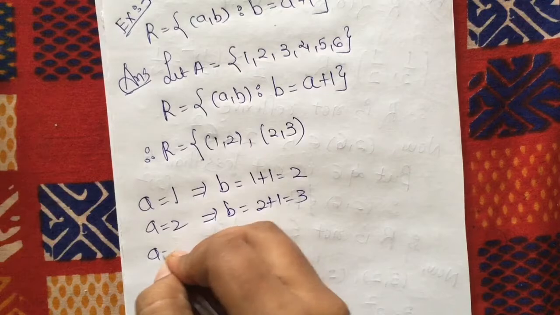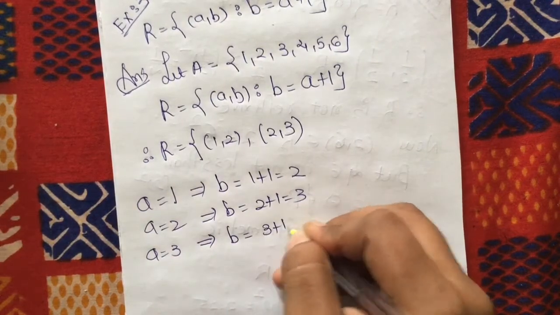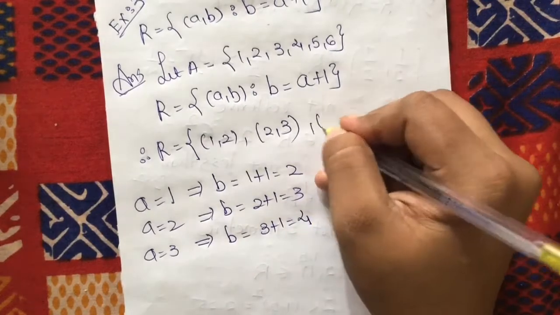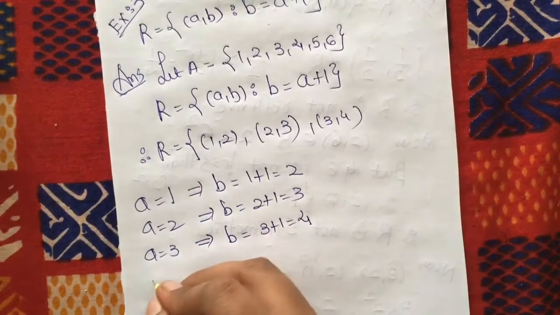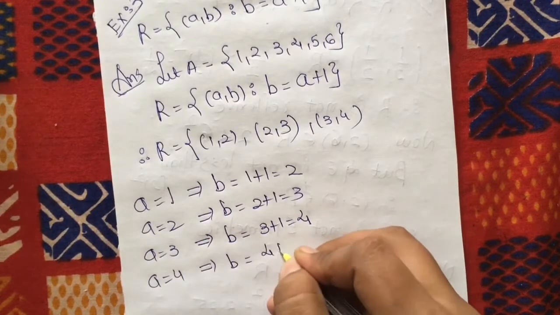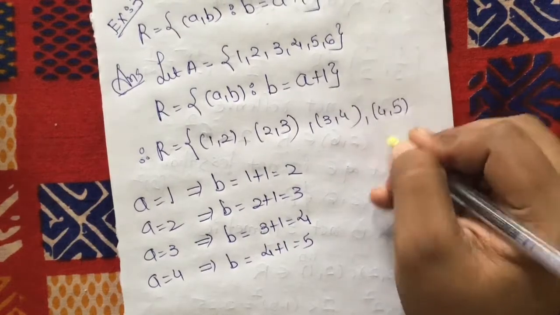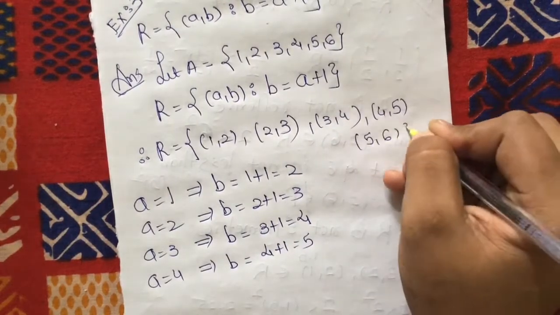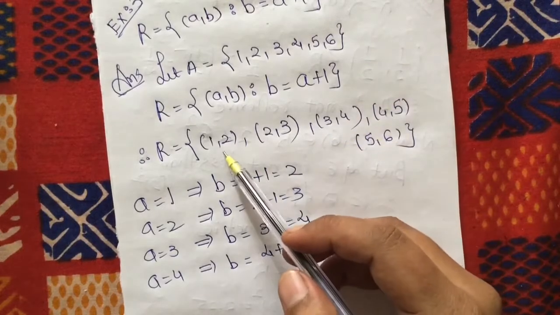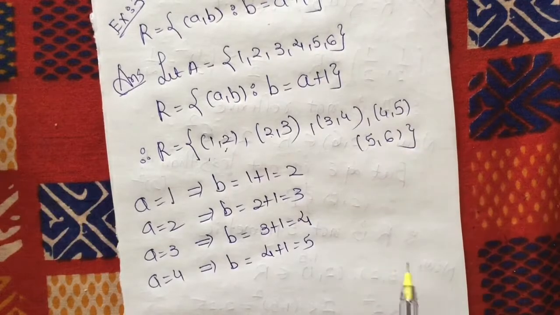Next, a = 3, which implies b = 3 + 1 = 4, that is (3, 4). a = 4, which implies b = 4 + 1 = 5. Another pair is (4, 5), and the last pair is (5, 6). Okay, so such pairs we are having in the relation: (1, 2), (2, 3), (3, 4), (4, 5), (5, 6).